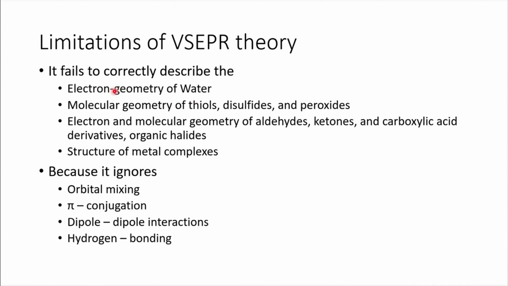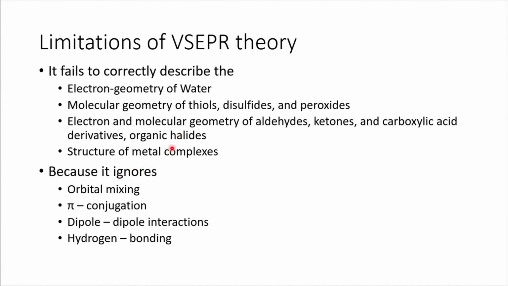So the electron geometry of water could not be explained by VSEPR theory, and the molecular geometry of thiols, disulfides and peroxides could not be explained by VSEPR theory, and even the electron and the molecular geometry of aldehydes, ketones, carboxylic acid derivatives, organic halides, etc. could not be explained, and many metal complexes could not be explained using VSEPR theory. So these are the main limitations of the VSEPR theory.